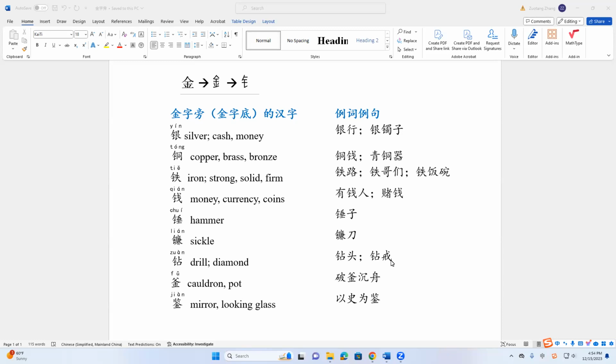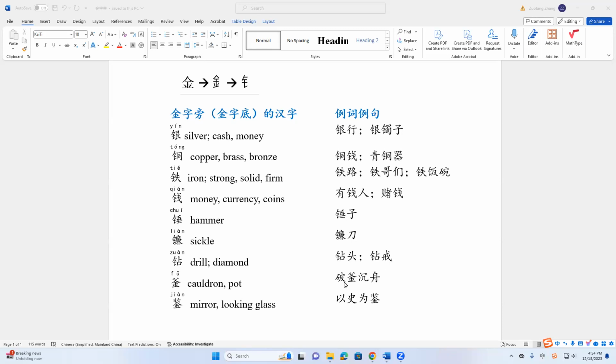An example sentence: 这个钻戒的价钱是他3个月的工资. This diamond ring's price is his 3 months' salary. So 钻戒. I'll say it one more time. 这个钻戒的价钱是他3个月的工资.